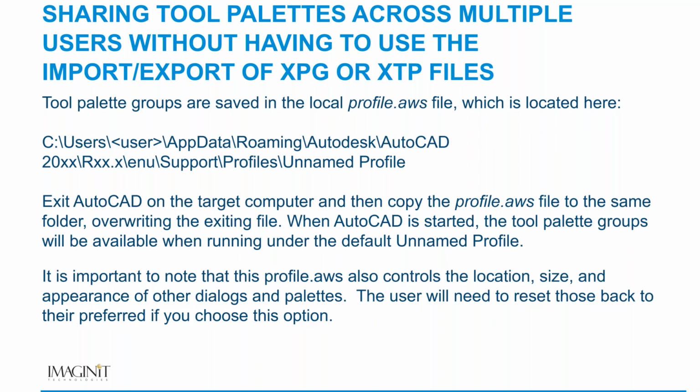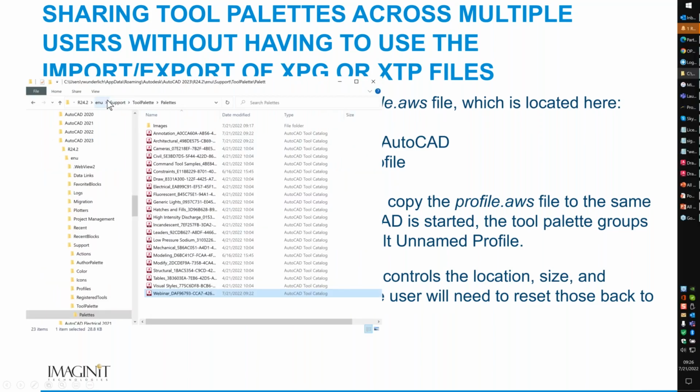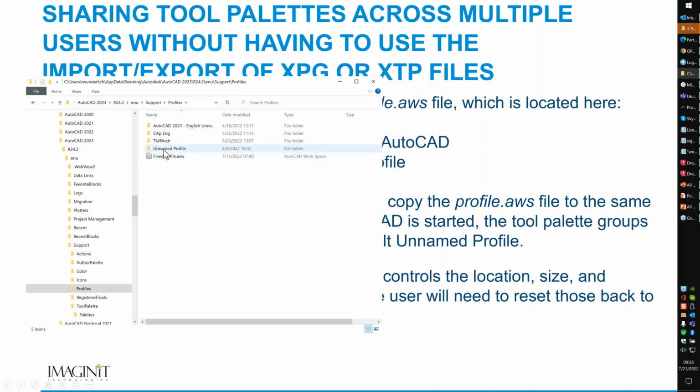What it means is that that profile AWS, and I'll show this file to you, under your support folder, under profiles, you'll see I have a couple in here. This is the one I'm currently running as the unnamed profile.